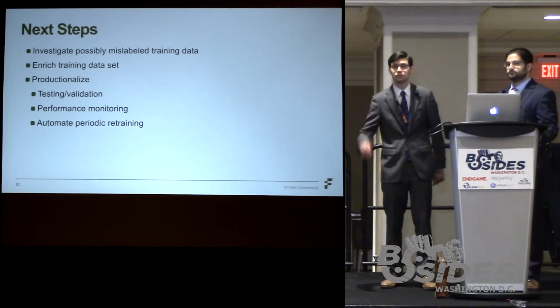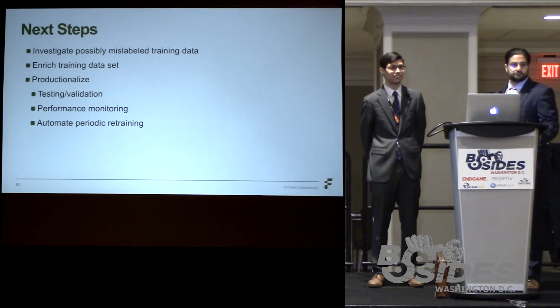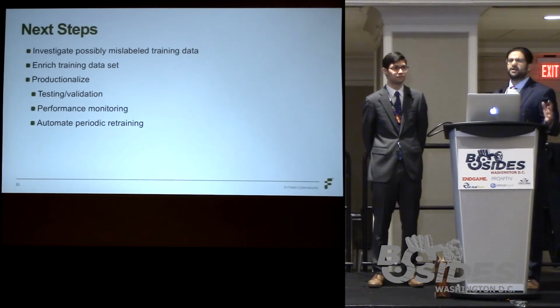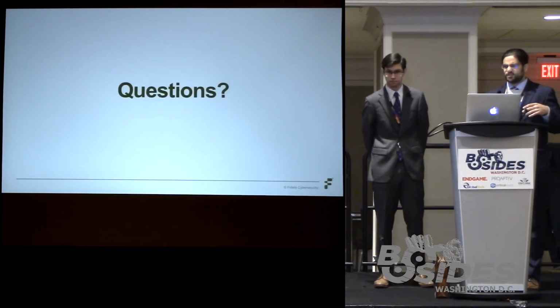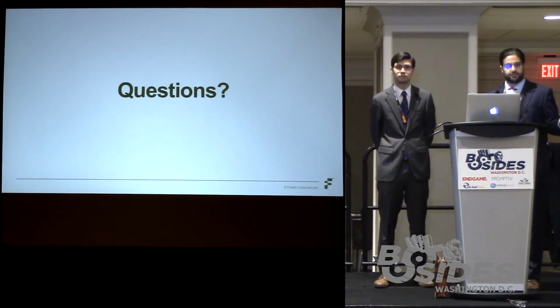Great. Questions? Sure. Performance monitoring in this context, it sounds like it equates to sort of a sanity check. Well, a sanity check is one thing, but here we're talking more in general, in the context of classifying malicious traffic.